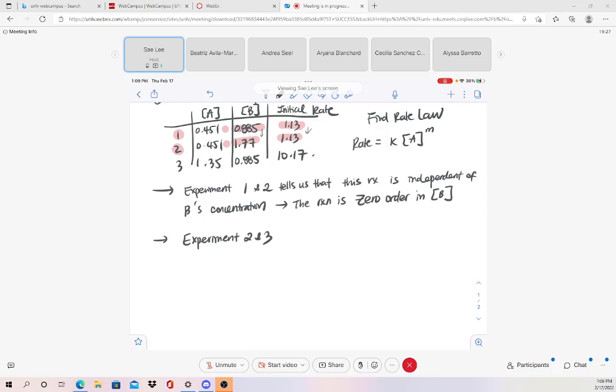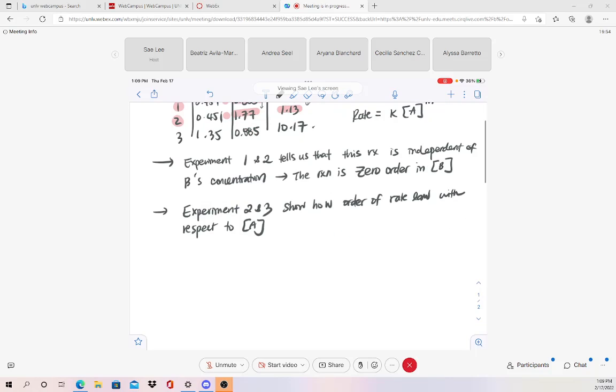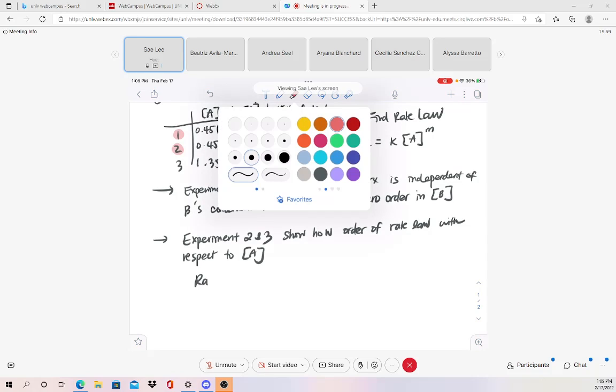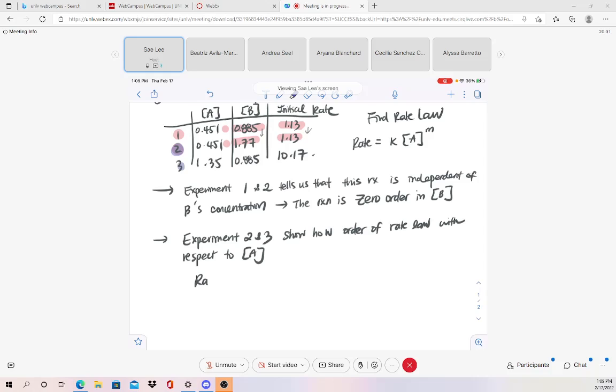These two experiments show the order of the rate law with respect to the concentration of A. So I'm examining here between 2 and 3.